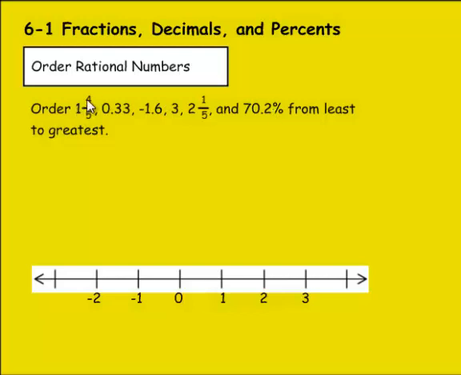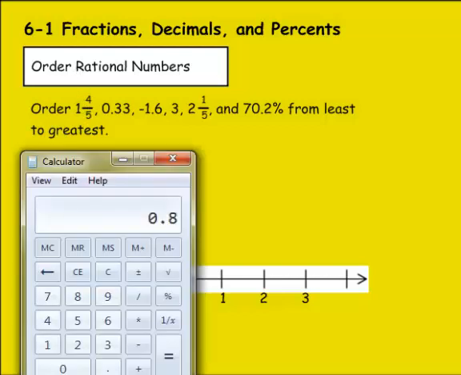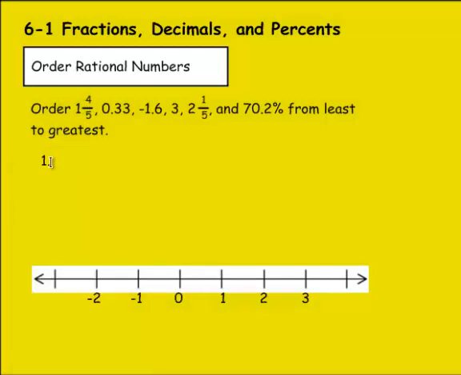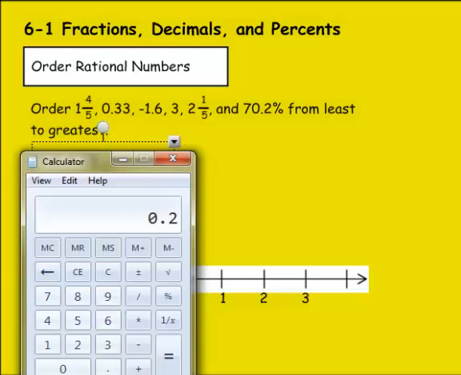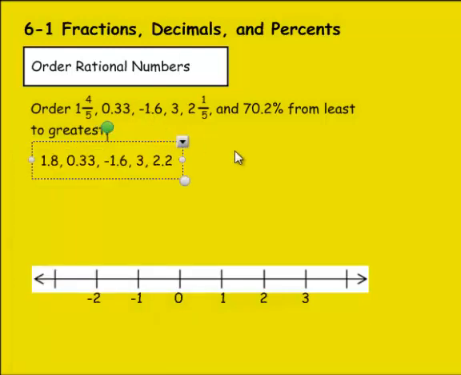So for example, I have 1 4/5, so I have 1 for my whole number. Then I could do 4 divided by 5, which would give me 0.8, so it'll be 1.8. I have 0.33, which is already a decimal, so I can leave that there. -1.6 is already a decimal. 3, I can just do 3.0, or just 3. I have 2 1/5, so 2 point, and then 1 divided by 5 is 0.2, so 2.2.